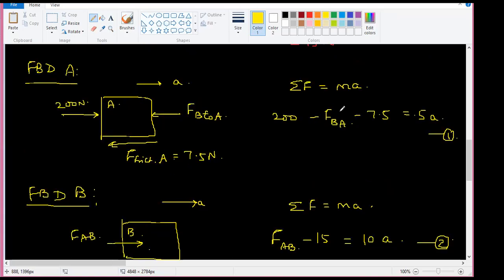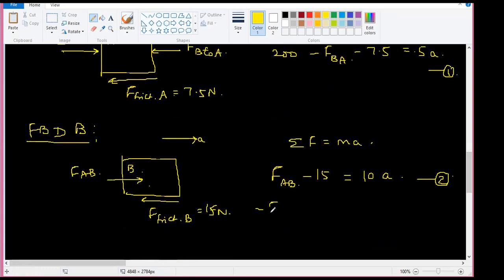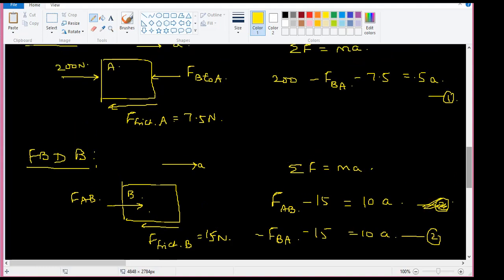The only thing you should remember is that this and this are in opposite directions, F A B and F B A. But it's equal and opposite, which means F A B can be written as minus F B A. If I add this and this, I can change the signs.